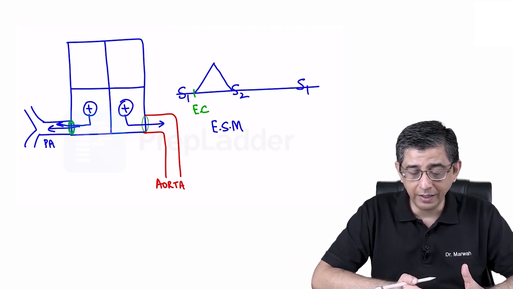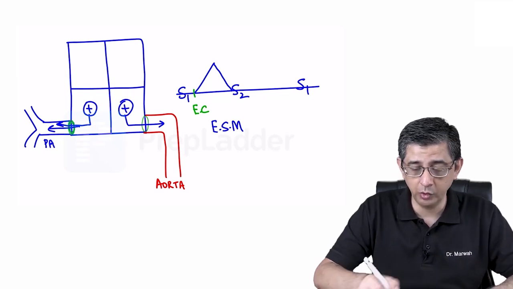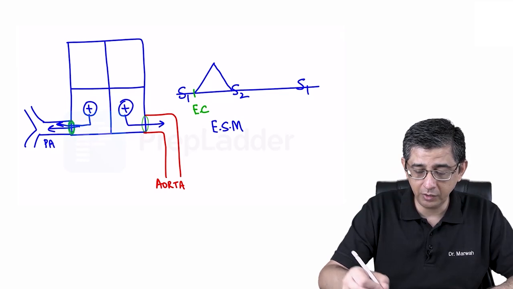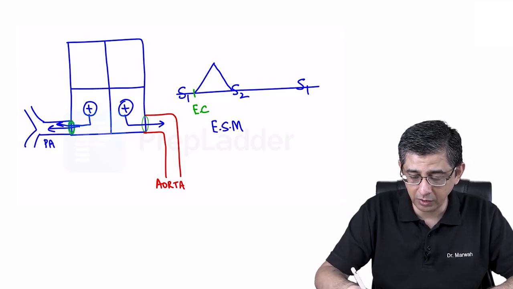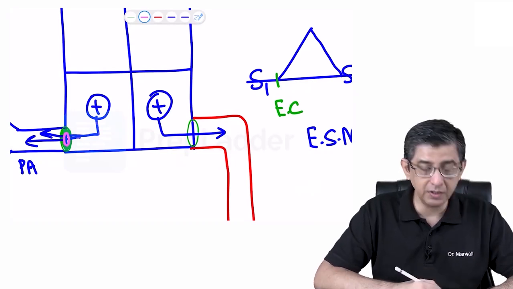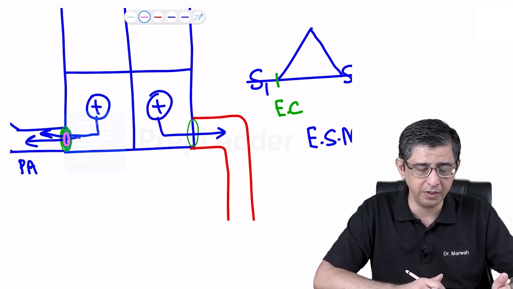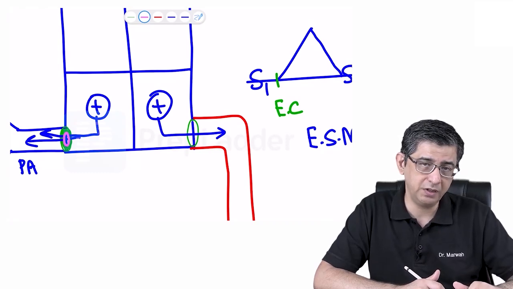However, if I increase the severity of the disease, if I make this orifice much smaller, let me draw a line diagram here to highlight this. Let's compare two patients. One has moderate stenosis, another has severe.